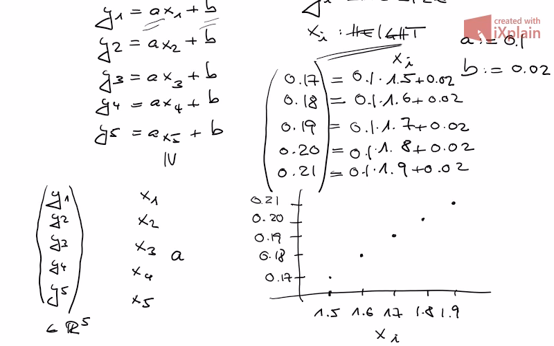So you have x1 times a, x2 times a, x3 times a, x4 times a, x5 times a, and these are exactly these values, only that they are in reverse order. So a times x1 is the same as x1 times a. Now it's not quite complete because we also have to add this value b there.